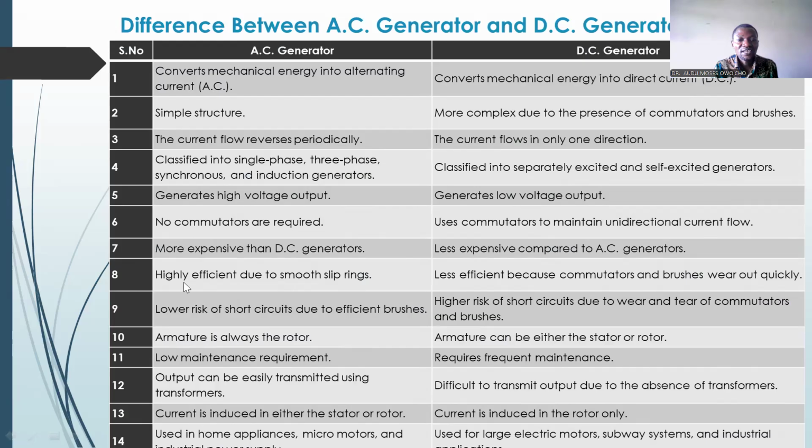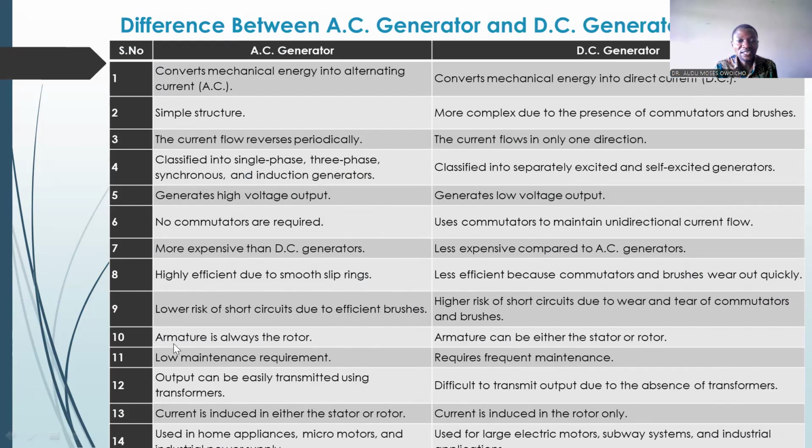AC generator is highly efficient due to smooth slip ring, while DC generator is less efficient because of the commutator and brushes that wear out quickly. AC generator has lower risk of short circuit due to efficient brushes, while higher risk of short circuit due to wear and tear of commutator and brushes is observed in DC generator.